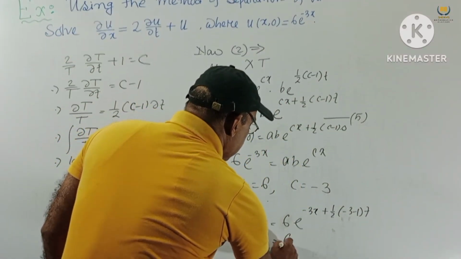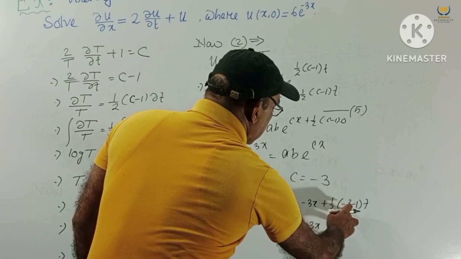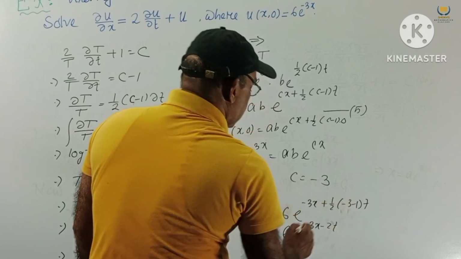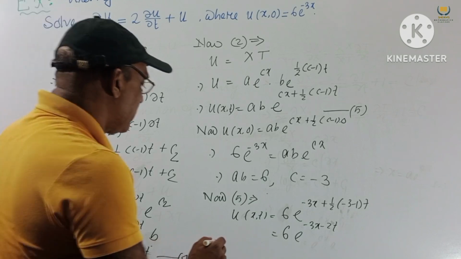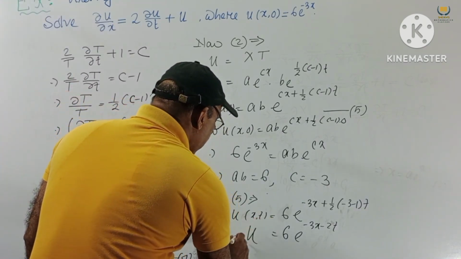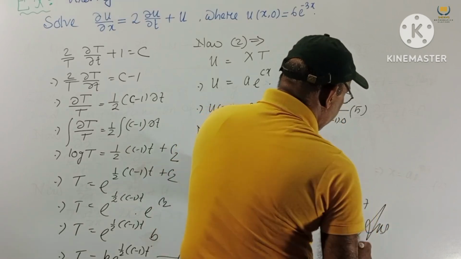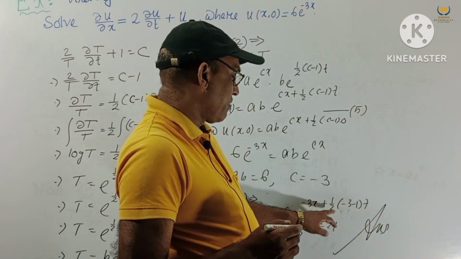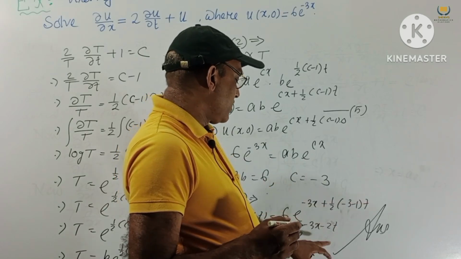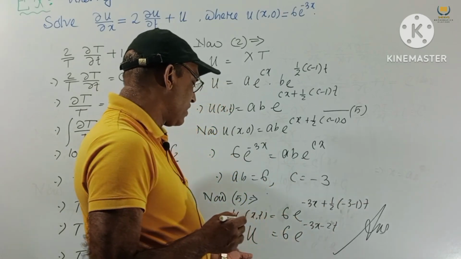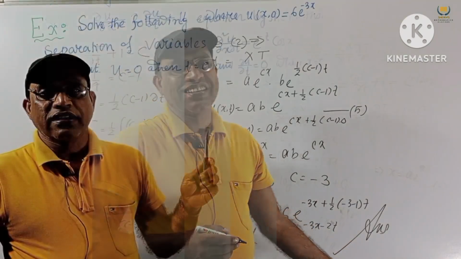So this equal to 6 e to the power minus 3x minus 4 over 2 t, that is, minus 2t. We get this one, and this is the final answer: u equal to 6 e to the power minus 3x minus 2t. This is the final answer.